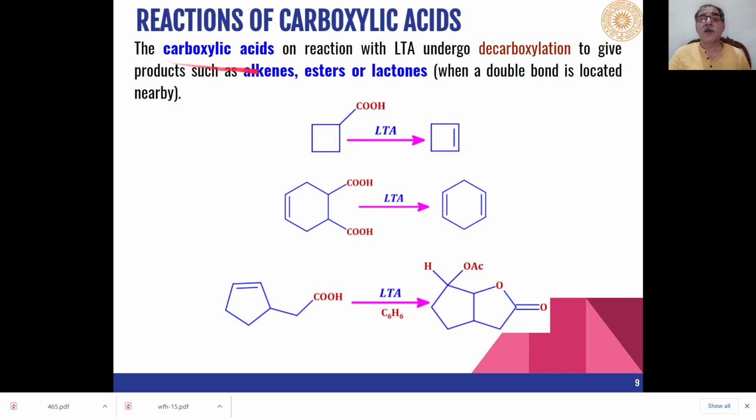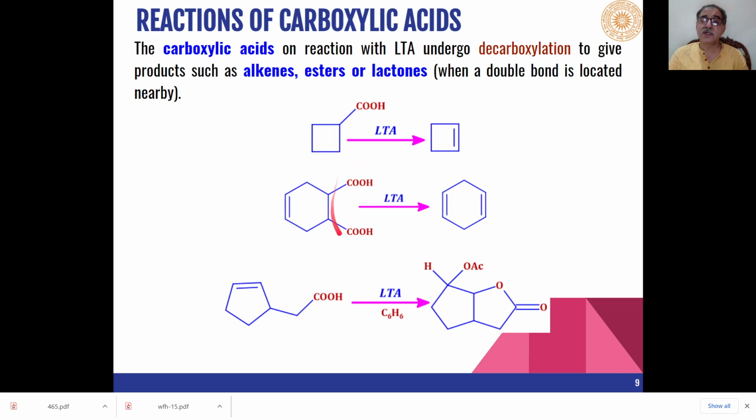Then carboxylic acids also react with lead tetraacetate and undergo decarboxylation of the carboxylic acid group to form unsaturated compounds. So this cyclobutane carboxylic acid will give us cyclobutene as the product when lead tetraacetate is used as an oxidant.